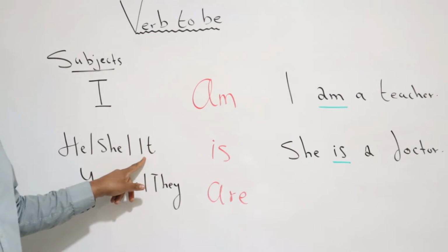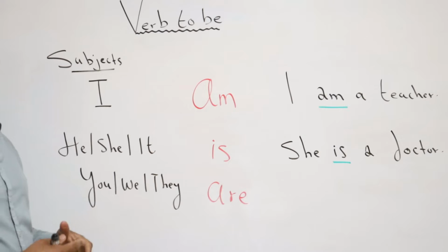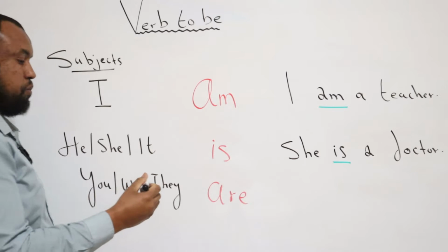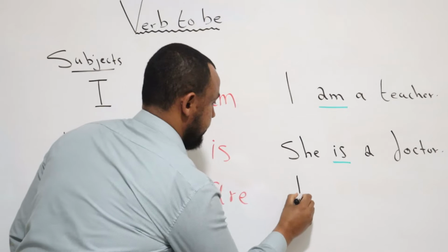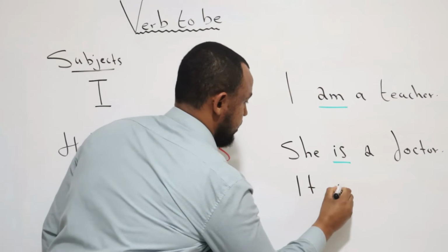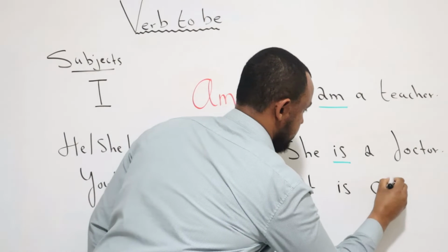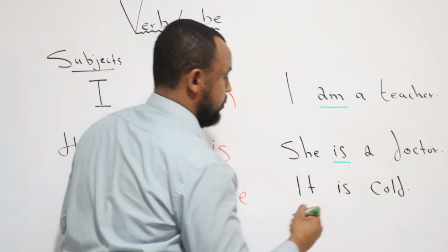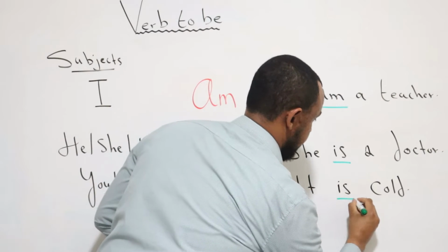But it is a bit different. It, we use it for sometimes things that are not human, non-objects. Okay? So, for example, it is cold. All right? So with it, we used the verb to be is.